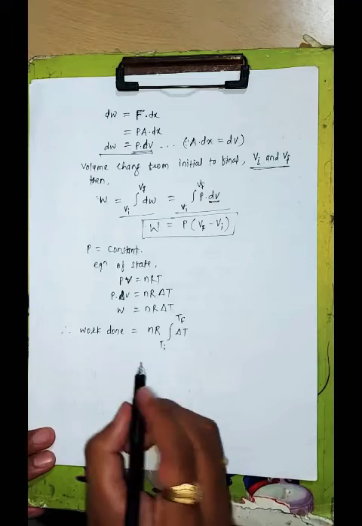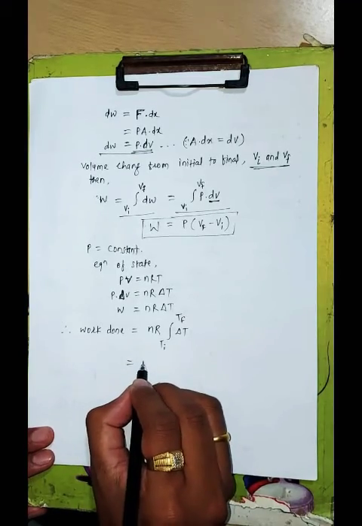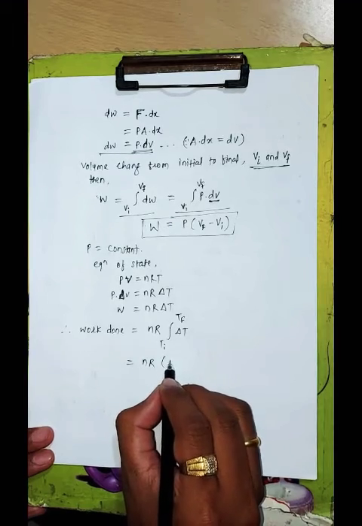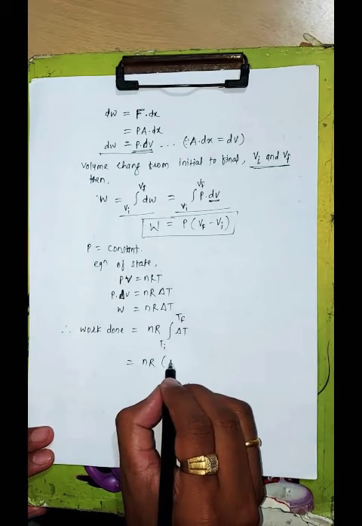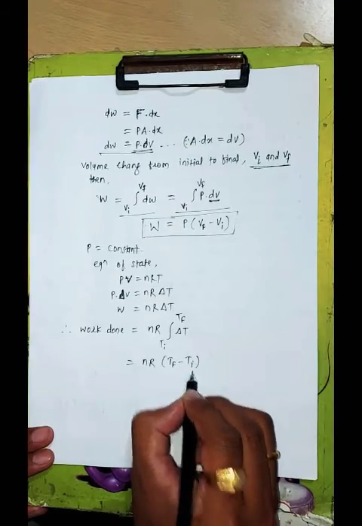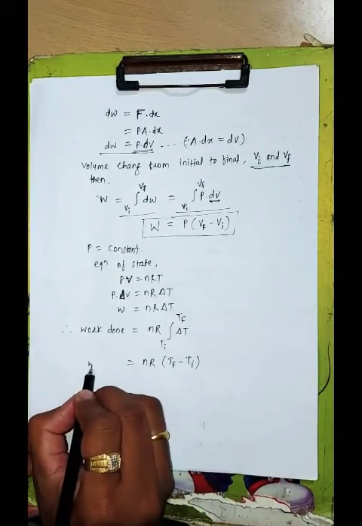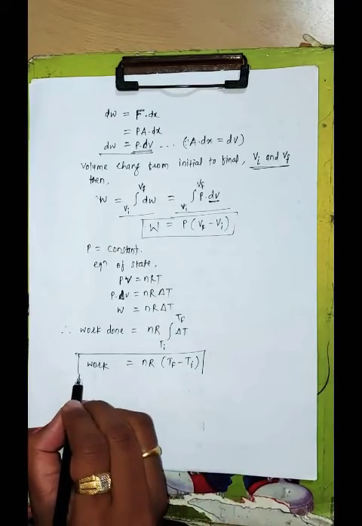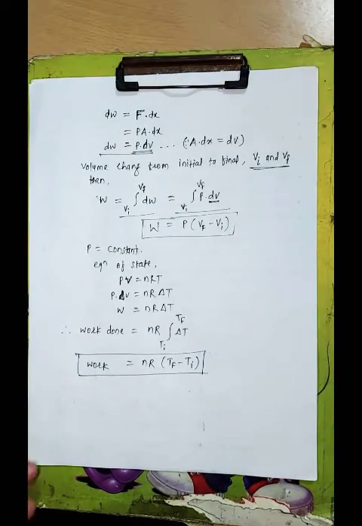So the final equation for work done is given by N into R into the change in temperature, that is Tf minus Ti, and this is also work done in terms of temperature.